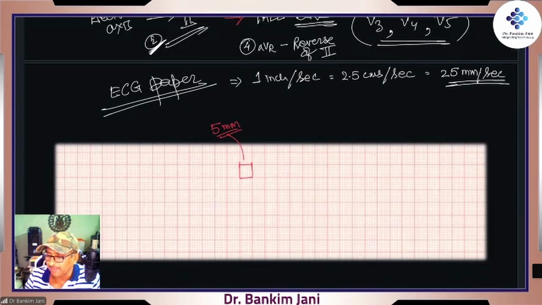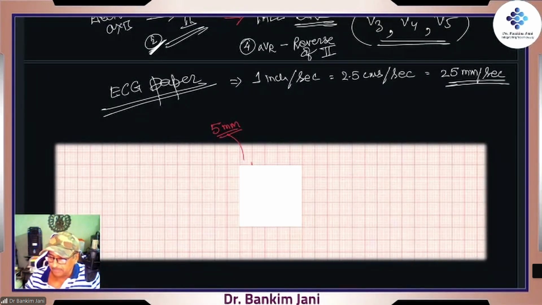So when we say 25 millimeters per second, that means in 1 second, this whole thing should really move, 1, 2, 3, 4, 5, this much, right? This much paper should really move.